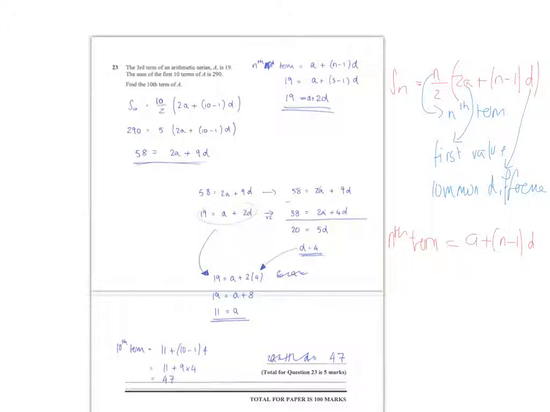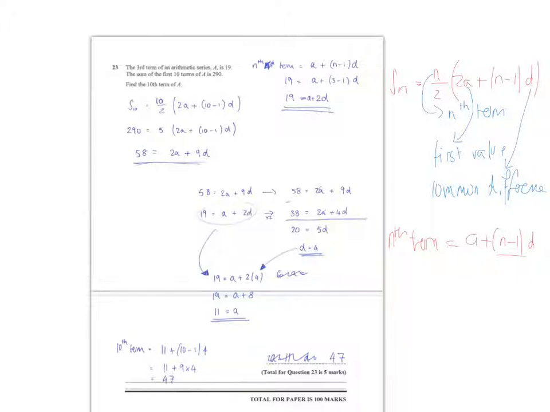When I'm looking for the first term, i.e. when n is 1, well 1 minus 1 is 0, so 0 times d, I'm just left with a, the first term. When I'm looking for the second term, I'm just going to be adding on that common difference, d. So what I'm looking for is a plus d. Second term, n is 2, 2 minus 1 is 1, so I've got a plus 1 times d, or a plus d. It's an intuitive thing.